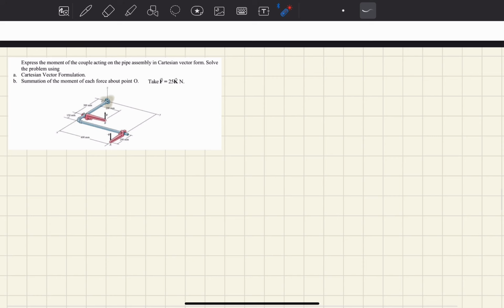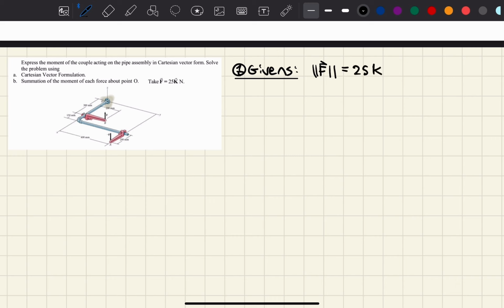So to start off any question, we're going to write down our givens. This is very similar to the last question, but this time we're given the force and we want to find the moment. So the magnitude of this force vector is equal to 25 kilonewtons, as the question says. What's the actual force vector equal to? I don't see any x, I don't see any y.